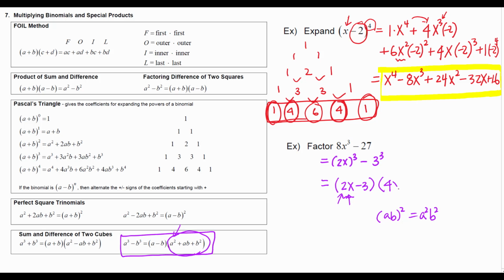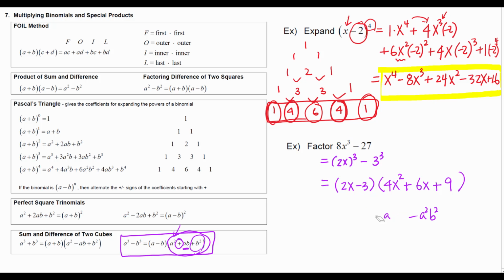So you get 4x squared, and it is the plus sign for the middle term. So it's going to be plus. And what comes to the middle is multiplying the a and the b. So you get 2x times 3, which is 6x. And then the last term, you just multiply the second term twice. Since it's 3 squared, it is 9.